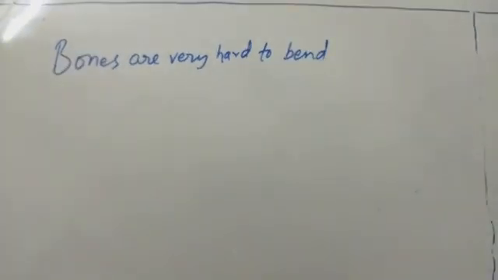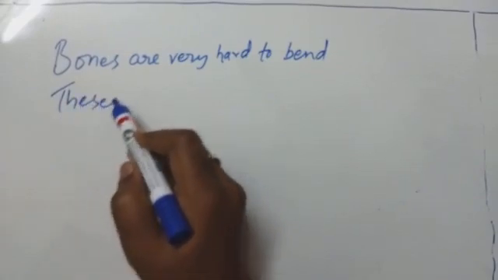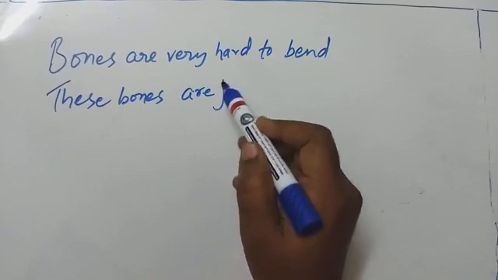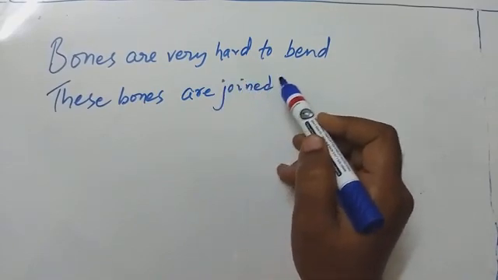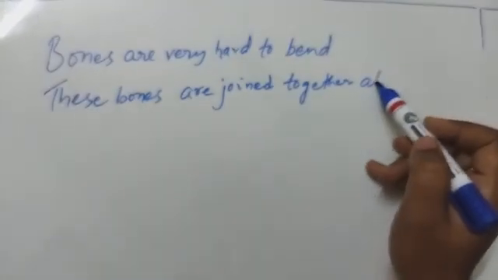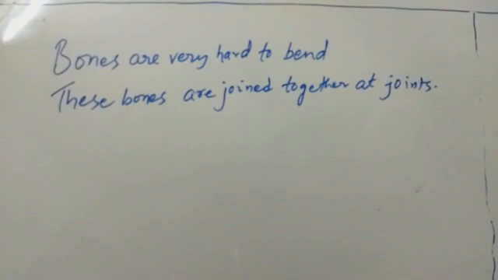And these hard bones are joined together at every joint. These bones are joined together at joints, right? Like elbow, knee, wrist, etc.